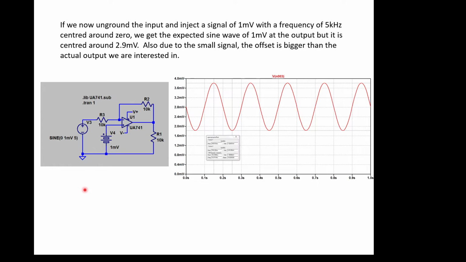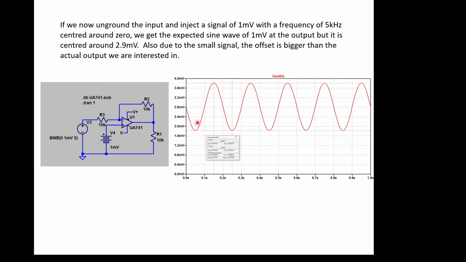So is this important? Well, sometimes it is and sometimes it isn't. In this case, if we unground the input and put a signal source in here, so we've got a 1 millivolt sine wave coming in, 5 hertz rather than 5 kilohertz, we would expect a gain of about 1 and 1 millivolt output.